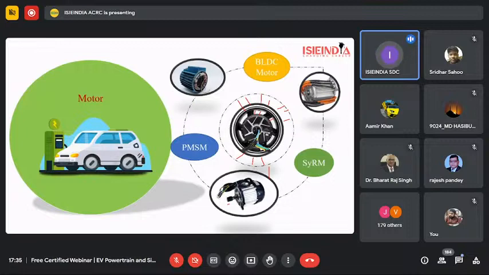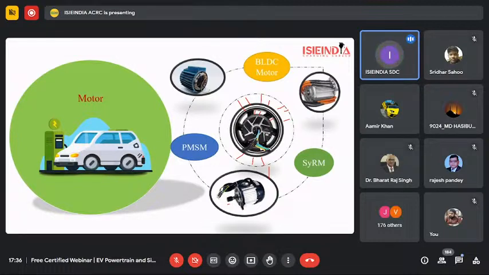Then we have the synchronous reluctance motor. The normal reluctance motor works on reluctance torque. In the synchronous reluctance motor, at the rotor, the permanent magnet is there, and because of the attraction between the magnet and the highly magnetic materials being used, there is formation of reluctance torque, and to fulfill the gap of the reluctance torque, this motor starts rotating synchronously.